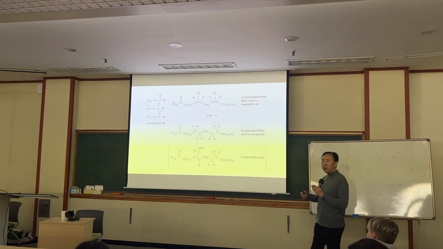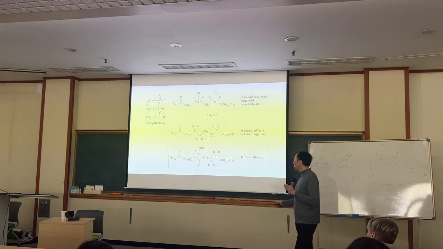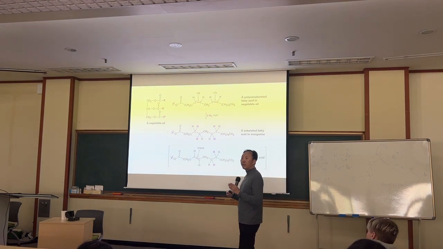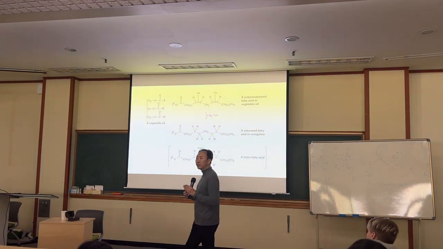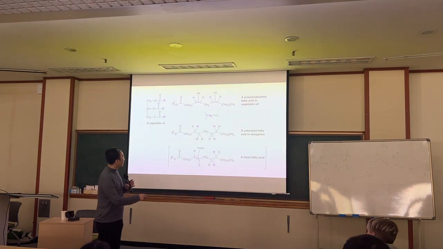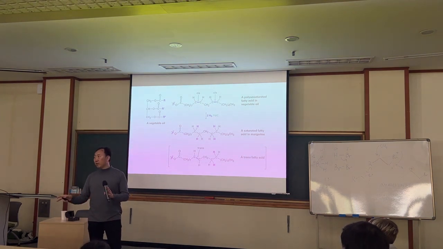Then our body doesn't have enzymes to digest this, and this can be potentially problematic to our body, the so-called trans fat. Trans fat usually happens during margarine production by hydrogenation. If everything is fully hydrogenated, no problem.